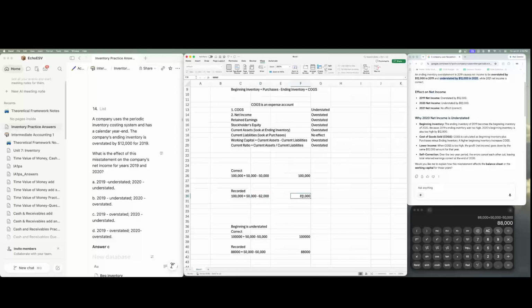Oh, sorry. This is cost of goods sold. So what was actually reported would be 62,000. Actually, what would be correct is that 50,000 should be correct.